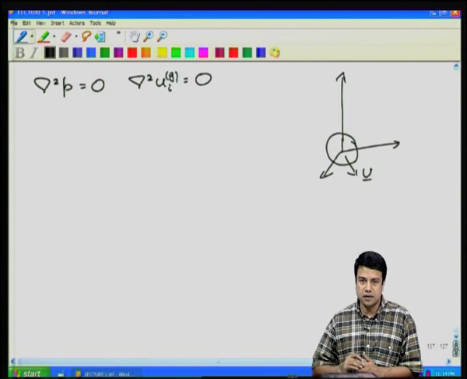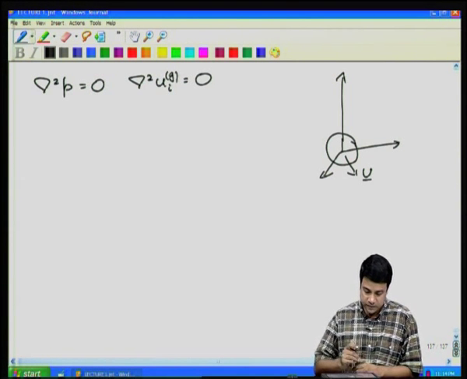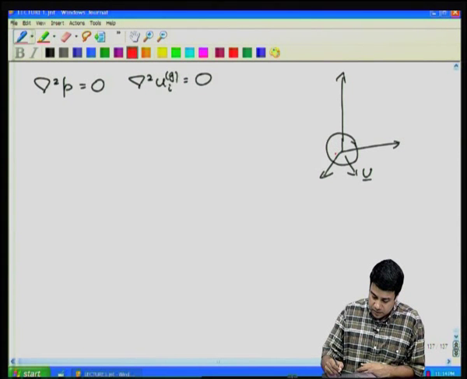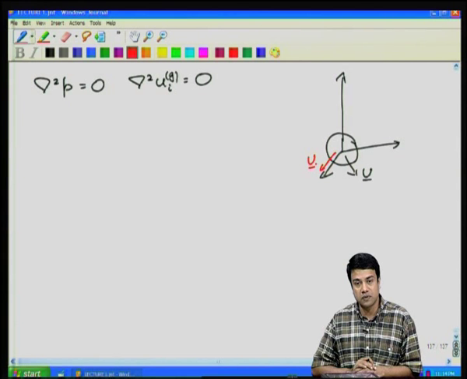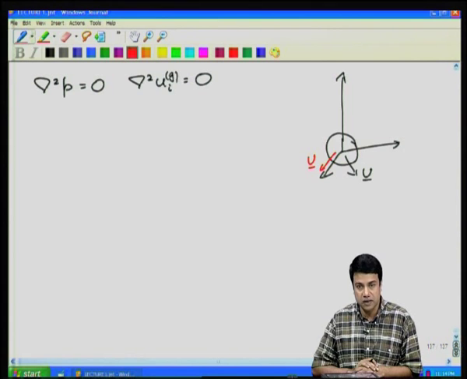If I reverse the direction of u, the velocity and pressure at each point within the fluid will also reverse. This sphere is spherically symmetric. Okay. So, if for example, the velocity direction were changed to this one, okay, if the sphere were moving in this direction, the velocity of the fluid and pressure at each point should once again be linear in this vector u.